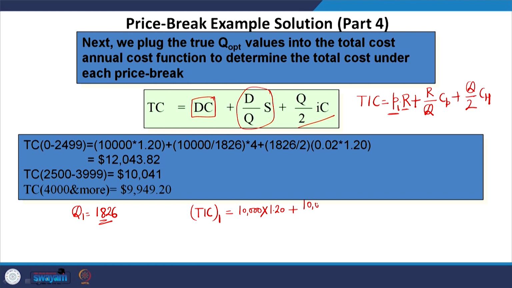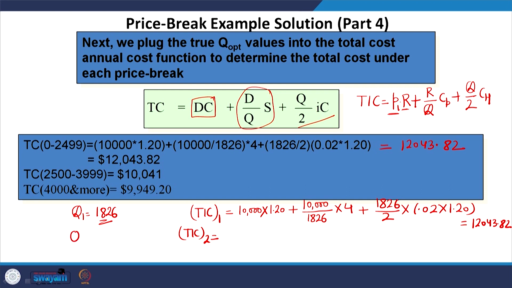Annual requirement is 10,000 divided by Q, that is 1826, into Cp. So, you are incurring $4 per order. Q is 1826 divided by 2 into the holding cost, that is 2% of the material cost. So, this is the first equation and the value is coming 12,043.82.